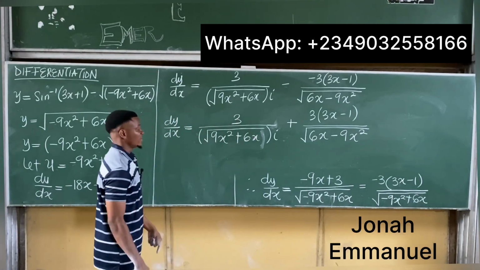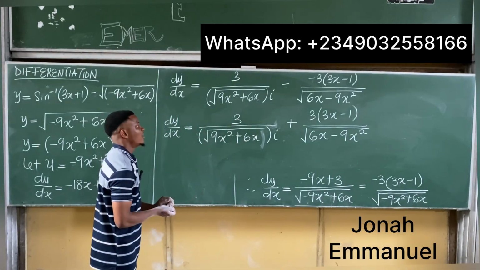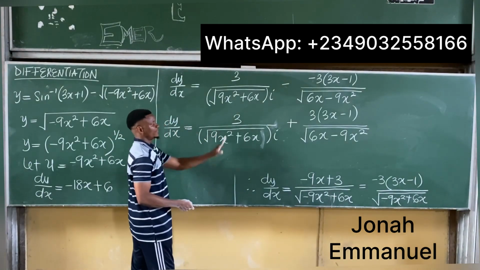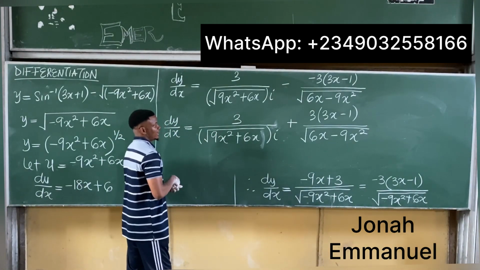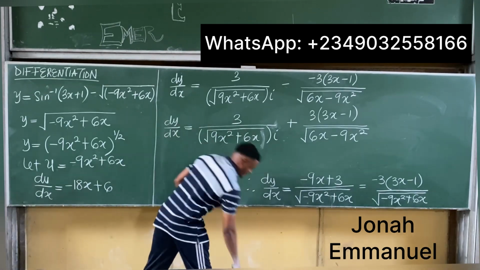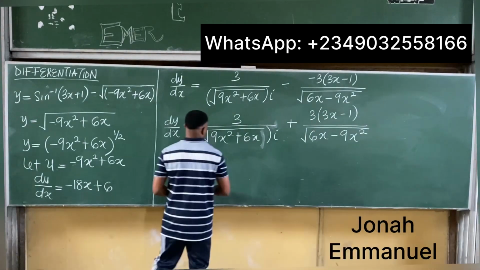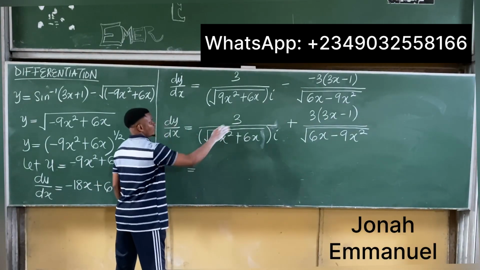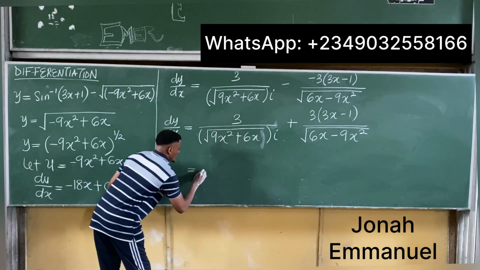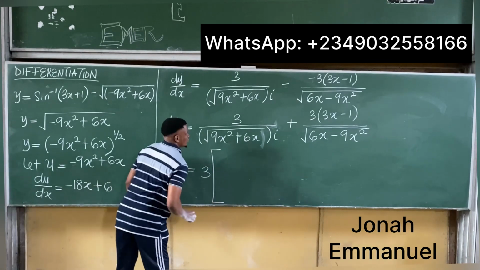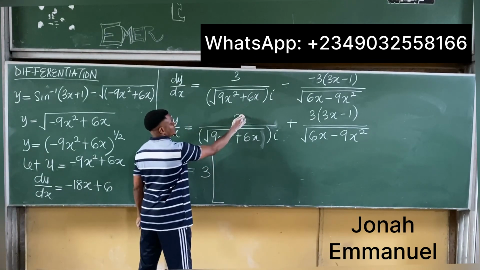One final step if you want to, so this could be your final answer, or if you choose to, you can factorize 3 out of this. Fine, let's take 3 out of this. If I factorize 3, take out 3 from both sides. It becomes 3 into, if I take off 3 from here, I'm left with 1.